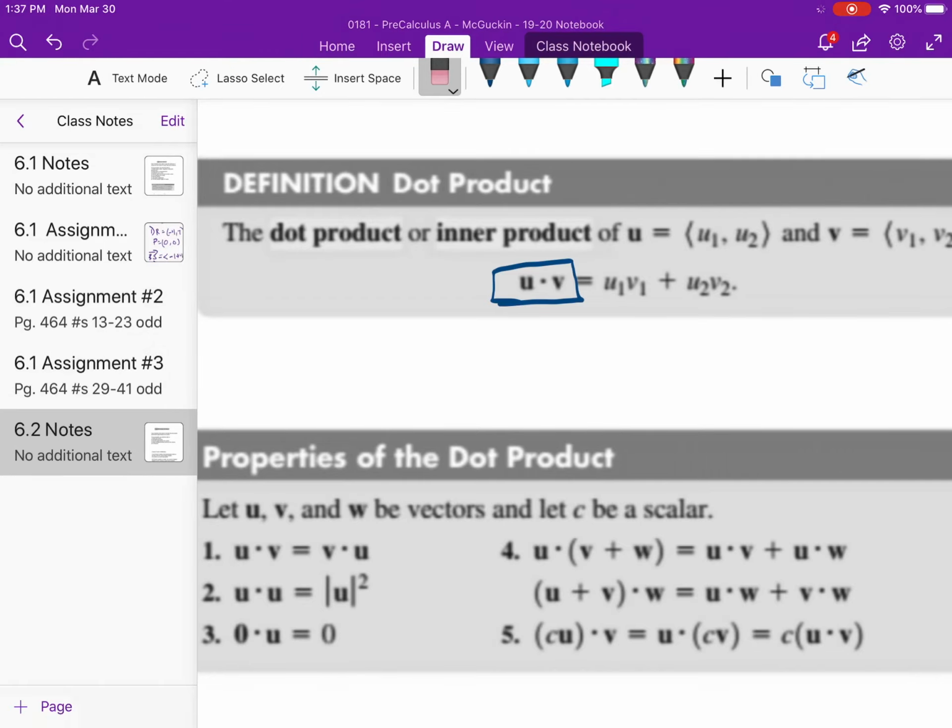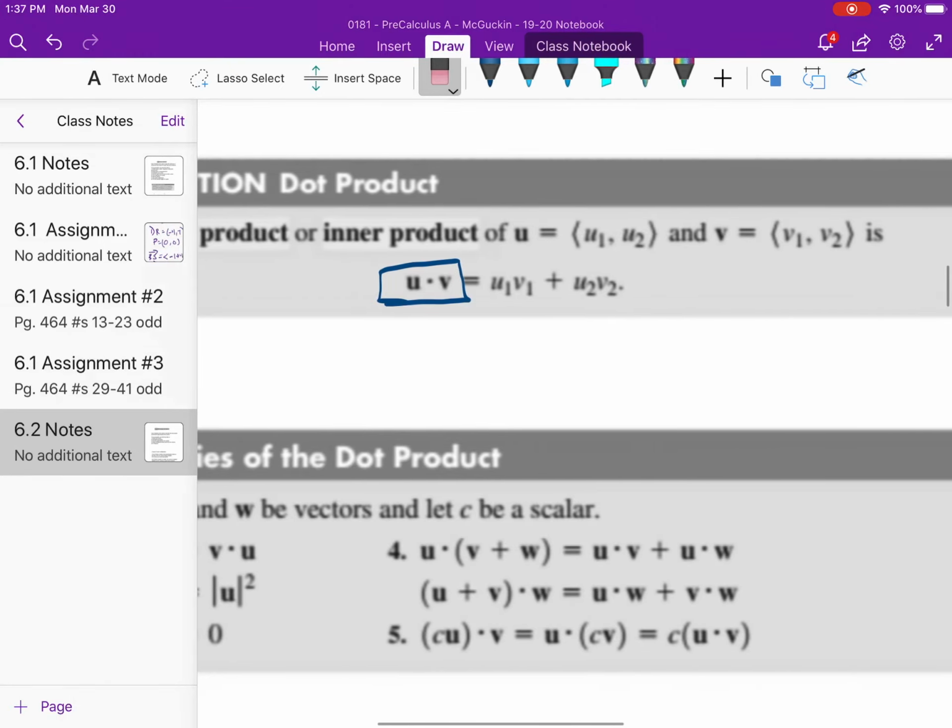So the dot product, remember, turns out to be a scalar. That is why you see in the result the product of two real numbers, u1 and v1, and then the sum of the product of two real numbers, u2 times v2. So that is going to produce a scalar or a real number value.